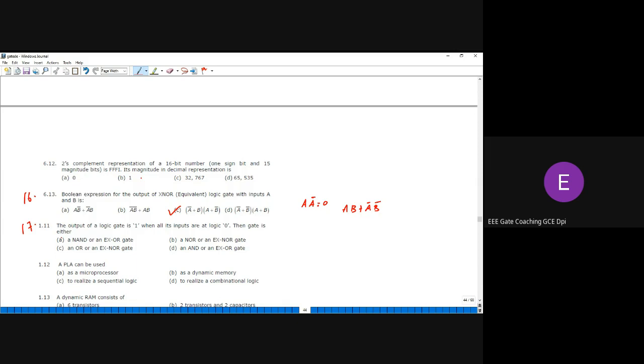17th problem answer. All the inputs are 0, but I am getting output as 1.